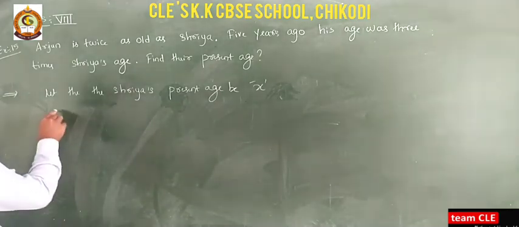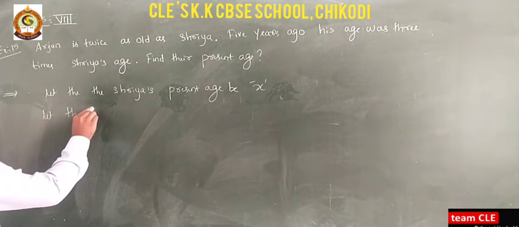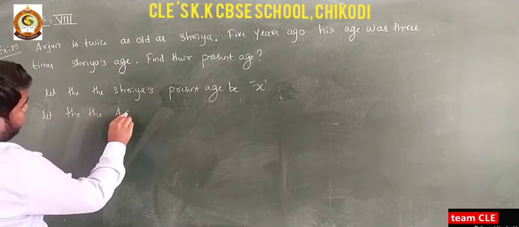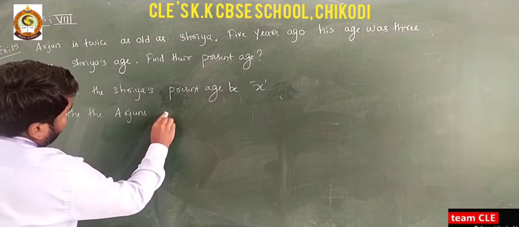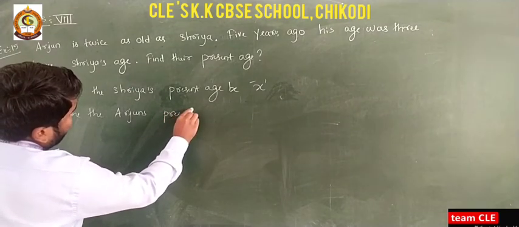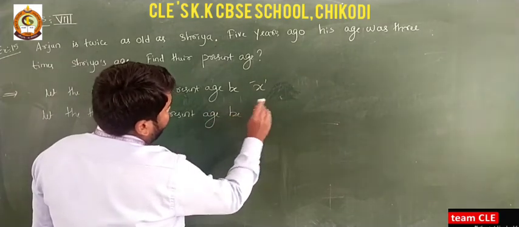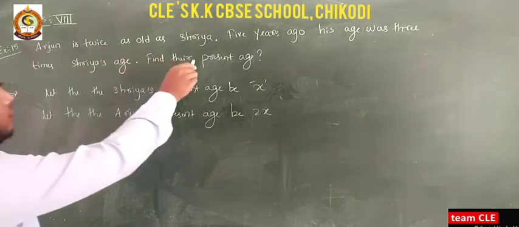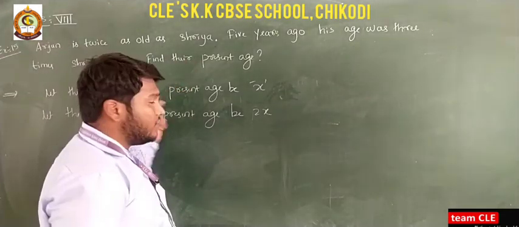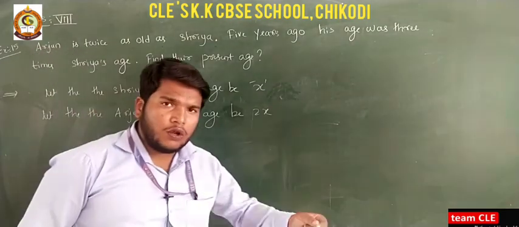Second point: let Arjun's present age be 2x, because in the question Arjun is twice as old as Shreya. I consider Shreya's age as x and Arjun's present age as 2x.